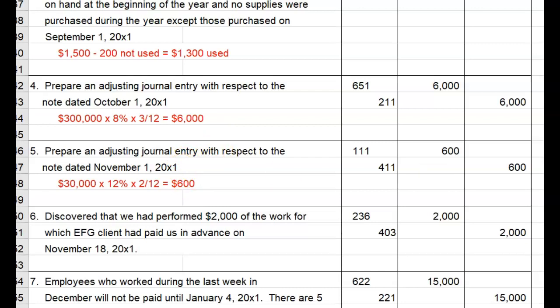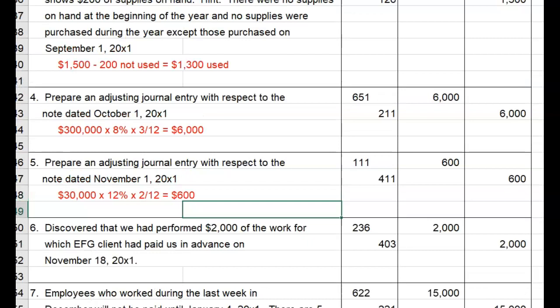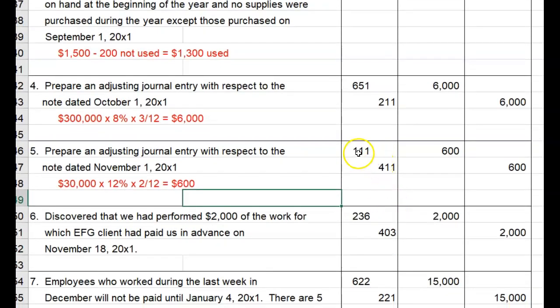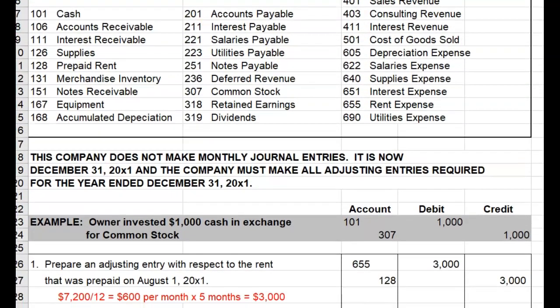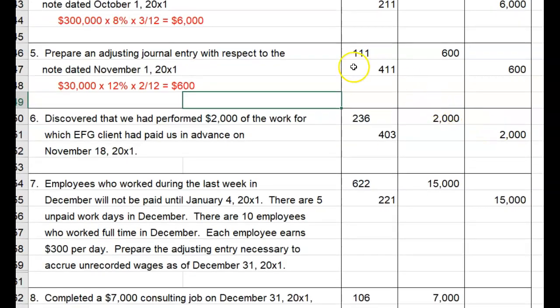The employee is not writing us a check for that interest, but the employee owes us $600 worth of the interest as of December 31st. So we want to debit account 111, which is interest receivable, and we want to credit account 411, interest revenue. Debit 111, $600, credit 411, $600.